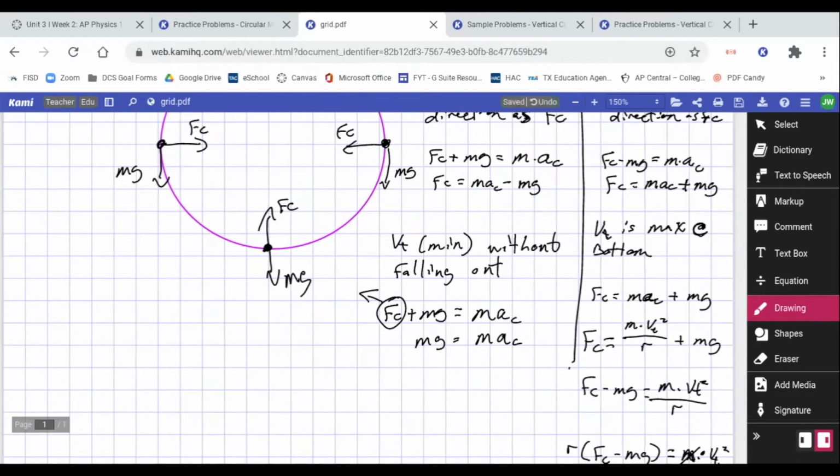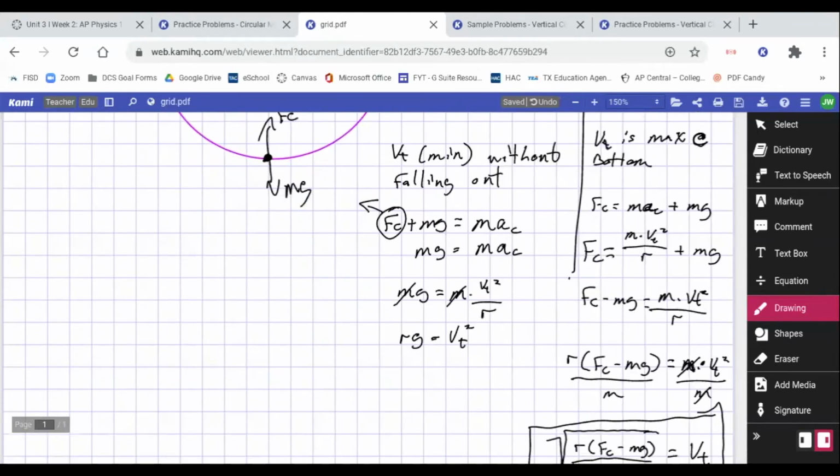Well, we know that acceleration is VT squared over R. So we can say that mg is equal to m times VT squared over R. Well, the m's, they cancel out, don't they? So that's gone, that's gone. If I multiply both sides by R, I would get RG is equal to VT squared.